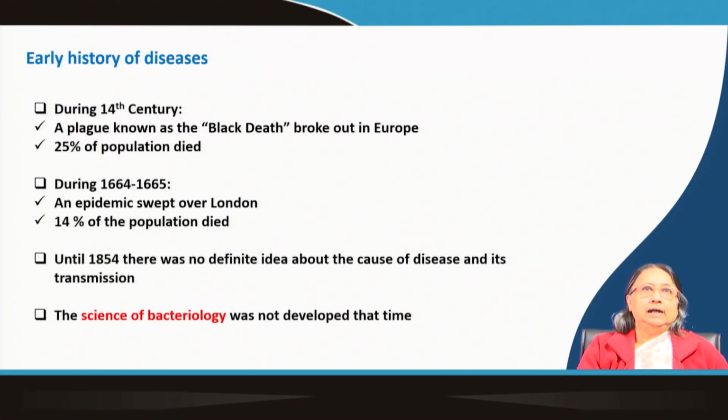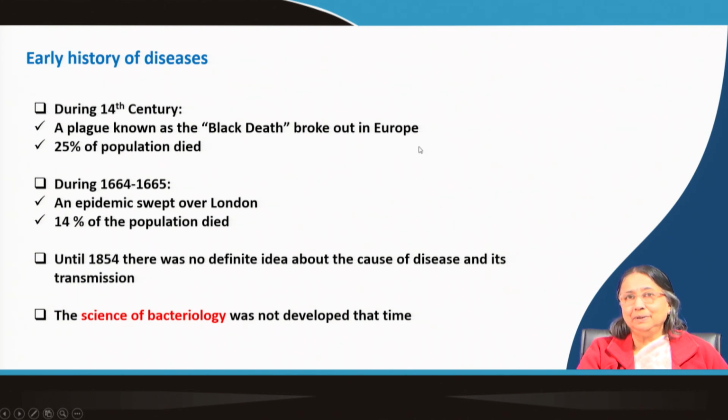Now, the early history. It has not come in one day; it took hundreds and hundreds of years. This coronavirus has come worldwide in a very huge way, but this type of thing also happened earlier. For example, during the 14th century, a plague known as the Black Death broke out in Europe.